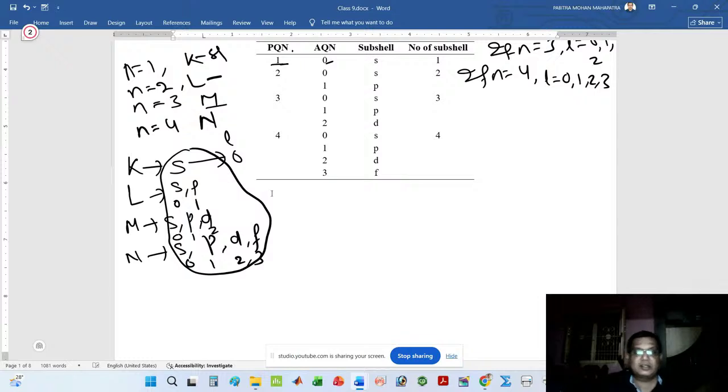Look at that. If I take n is equal to 1, the L value is equal to 0, and L value equal to 0 represents the S subcell. Here the number of subcells is 1.